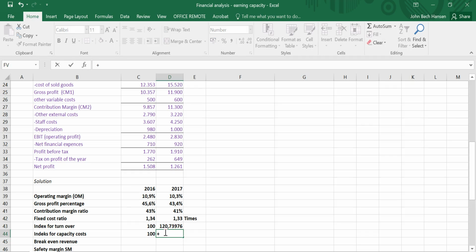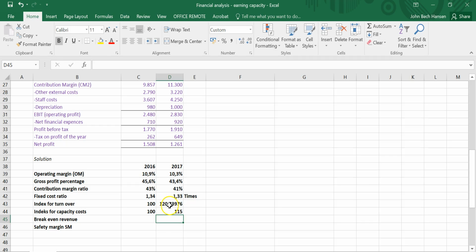But now I take the new year, and if we had more years, I will always divide by the same basis year so I can feel the development over the years. Okay, so index for capacity cost totally is 115.